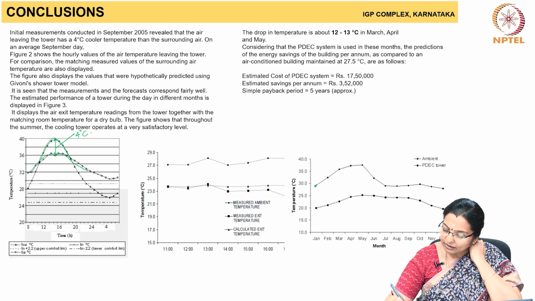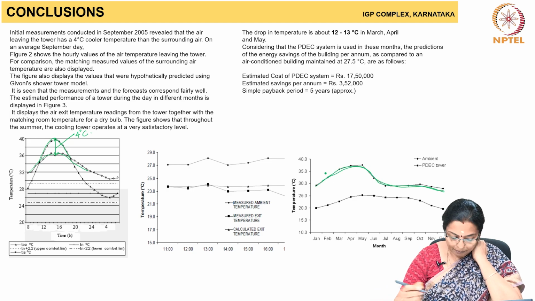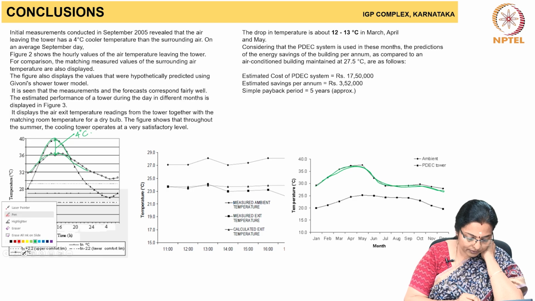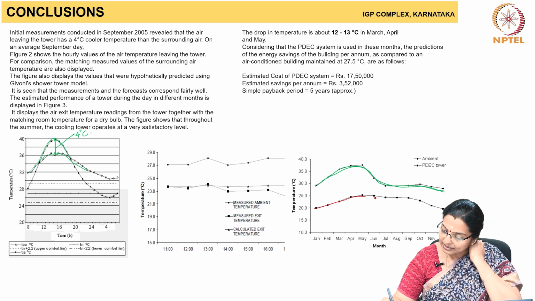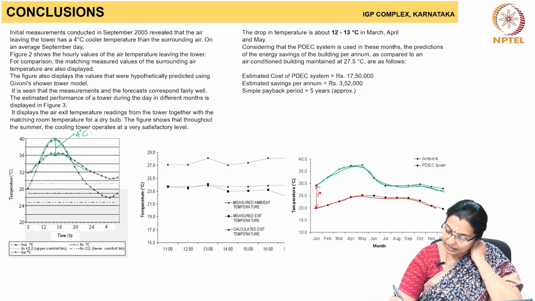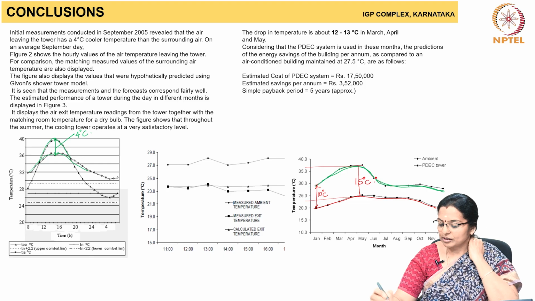If this is the ambient temperature, the temperature of air from the passive downdraft cooling is, depending on the month, 10 to 15 degrees lower.